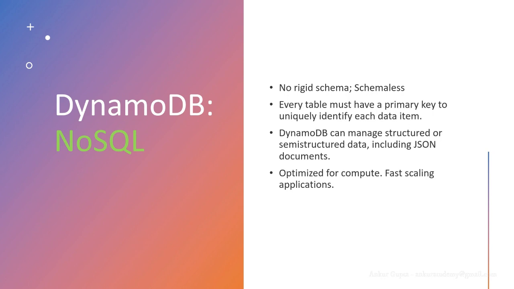In addition, all of the relationships are defined among tables, columns, indexes, and other database elements, whereas in DynamoDB, because it is schemaless, there are no similar constraints on other non-key attributes. And DynamoDB can manage structured or semi-structured data, including JSON documents.